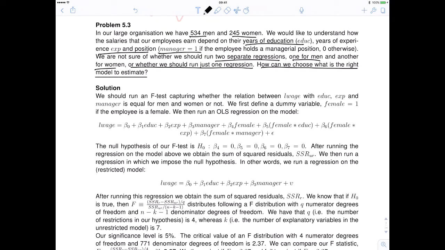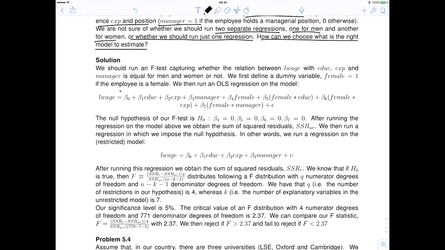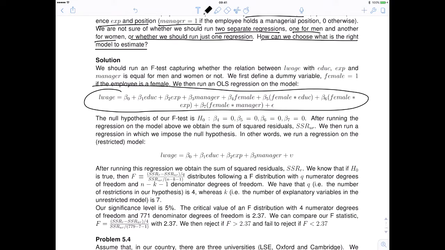I've made a video on choosing between different regressions, but the big picture here is you will have a general model that would allow for differences across male and female across all the variables that you have. Okay, so this model here, if you like, is the unrestricted model. What are the variables that you're looking for?